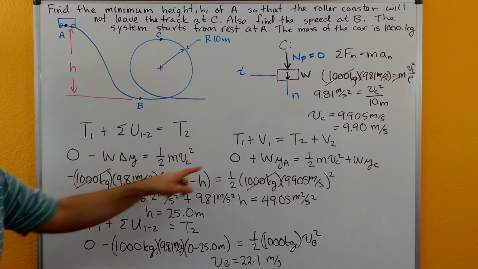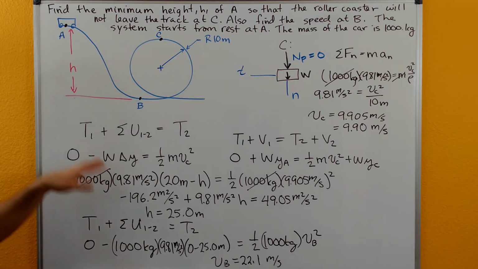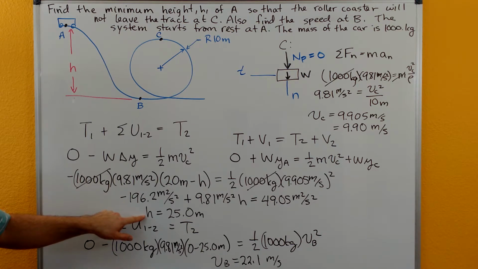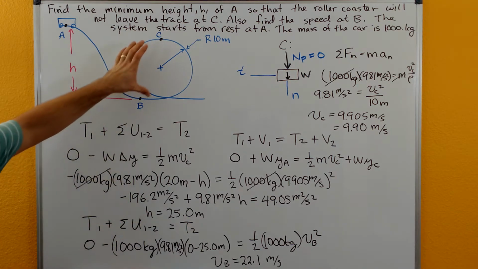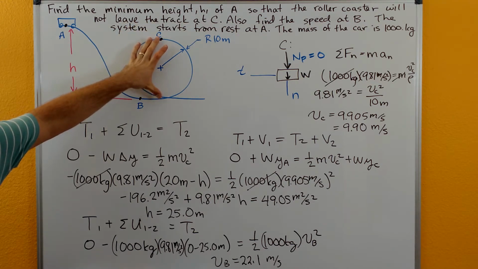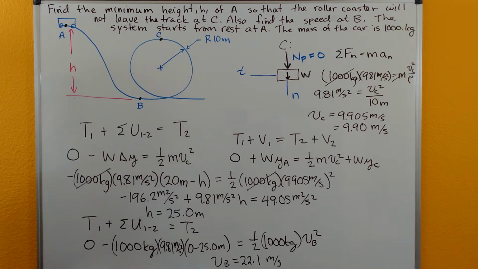We can cross out the 1,000s because we can just factor them out. It gives us this equation here, and then solving for h, we get that h is 25 meters. Remember that since this is a radius of 10 meters, that's why we're using this height of 20 meters, because we need the full diameter.